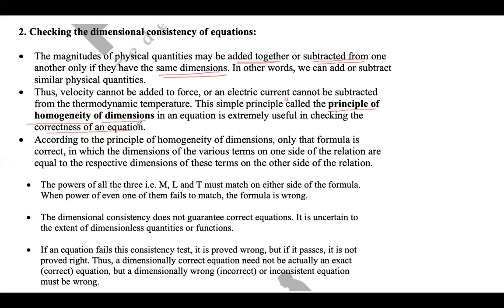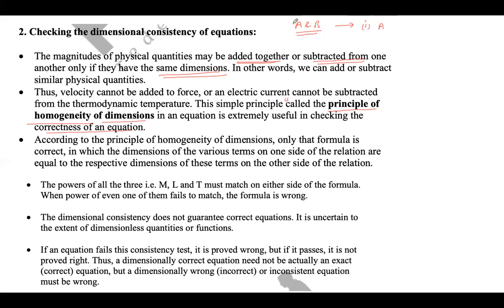Okay, so you will get a question. See, there are two physical quantities A and B. You just need to listen to it and then answer. There was one question like this last year. Which of the following are valid operations here?